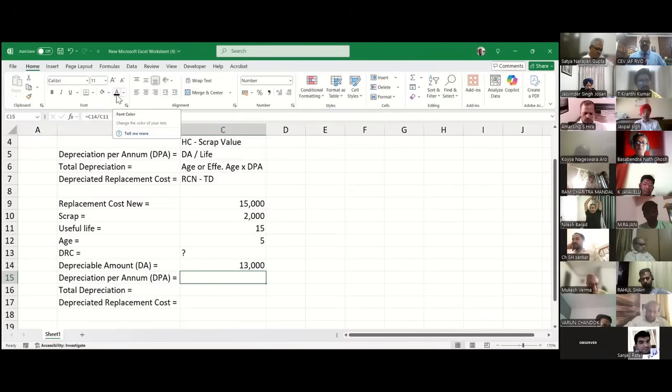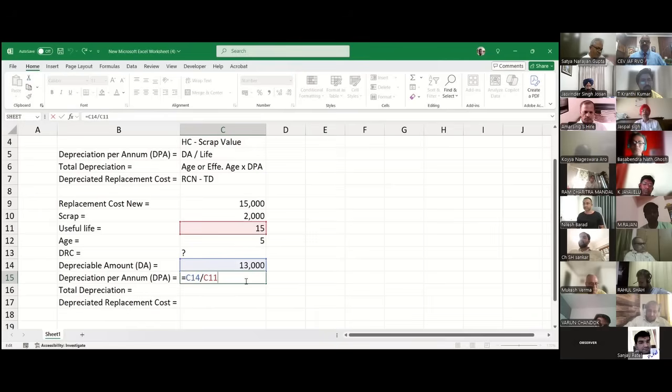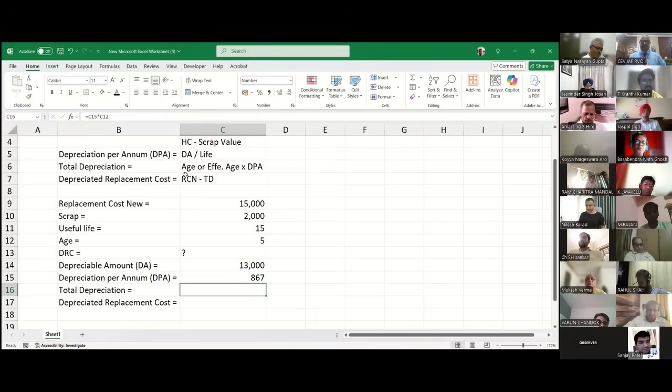What is the depreciation per annum? 13,000 divided by 15, which is 866. What will be the total depreciation? 866 into 5, which is 4,333.